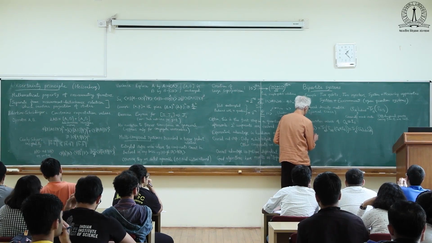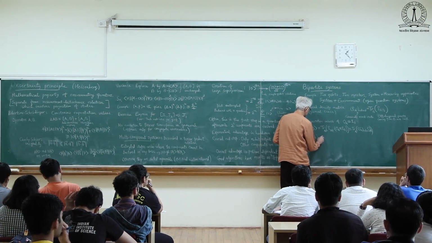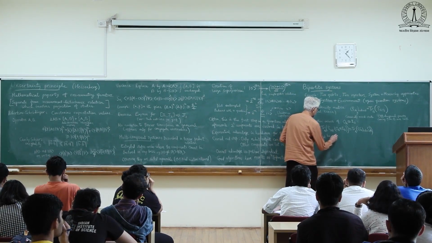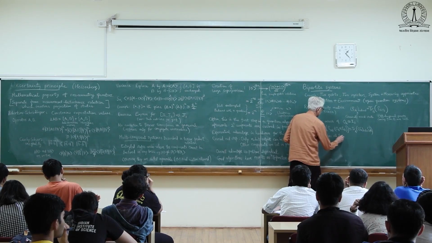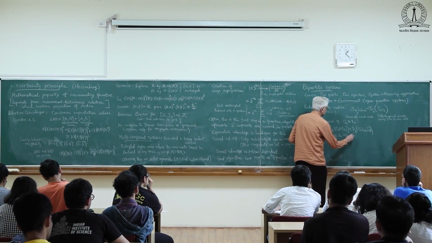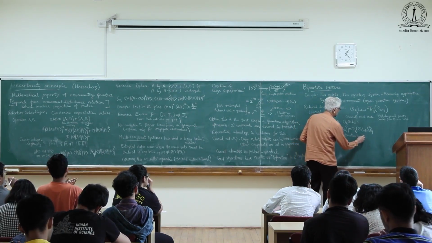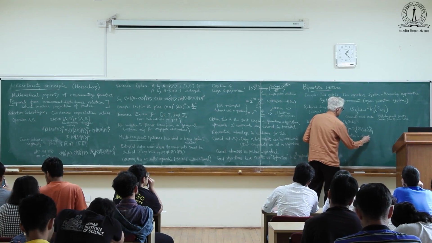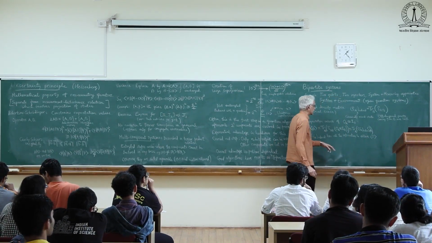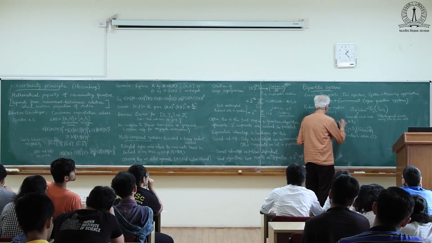So rho A reduced has all the information to obtain expectation value of all operators, and so O is this.